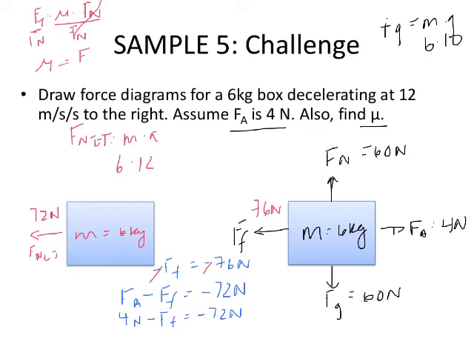Mu is equal to your force of friction divided by your normal force, which is going to be 76 divided by 60, which ends up being 1.27.